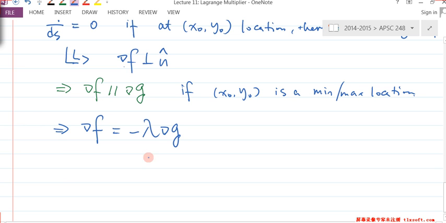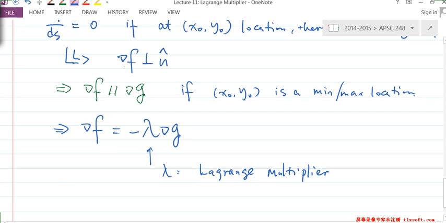That's basically it. Almost that's it. So the lambda here is called the Lagrange multiplier. Okay, Lagrange multiplier.